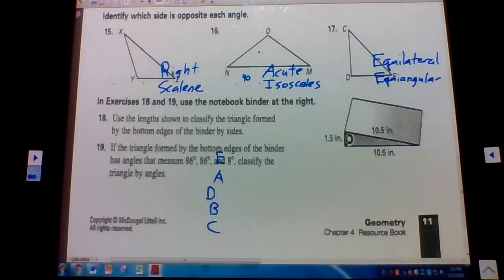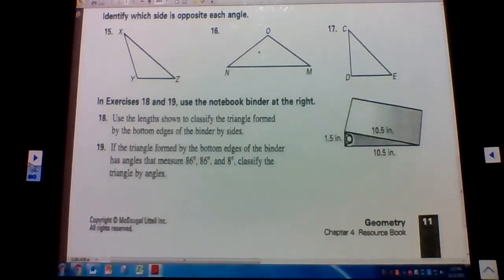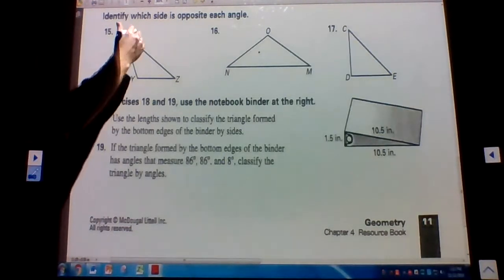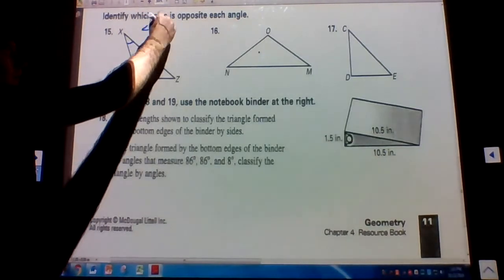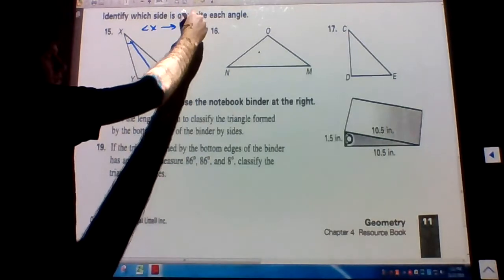Okay, 15 through 19 here. Identify which side is opposite each angle. So we have angle X. Opposite of angle X is going to be YZ.